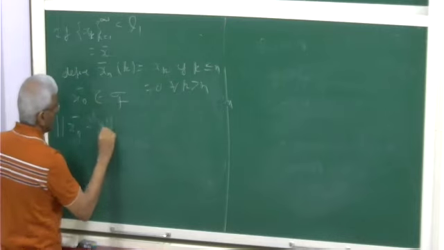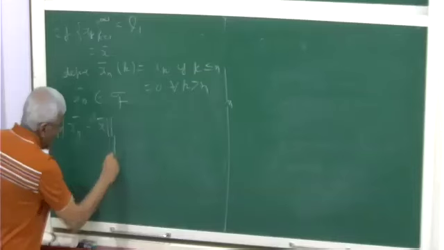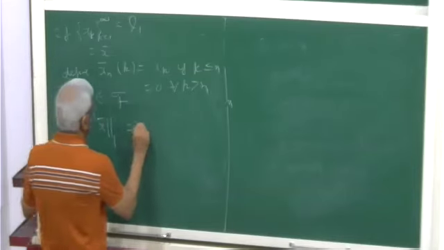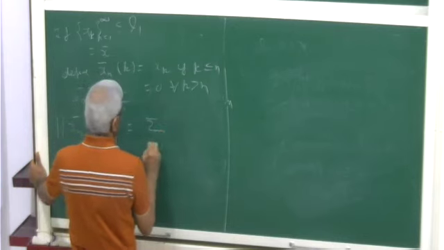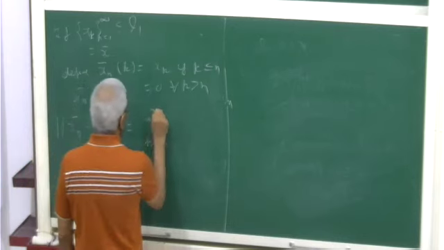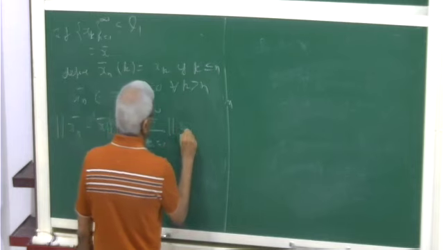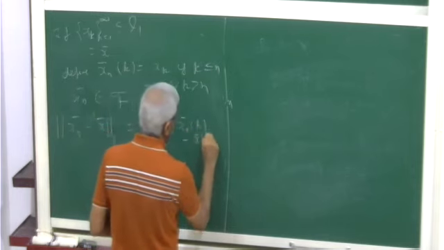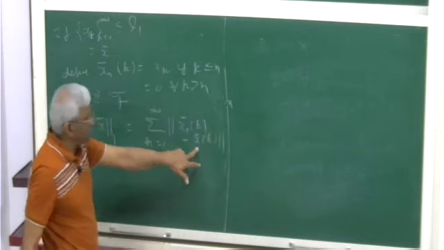the L1 norm. That is equal to the summation k equal to 1 to infinity of the modulus of xn bar at k minus x bar at k. But the first n terms are 0.